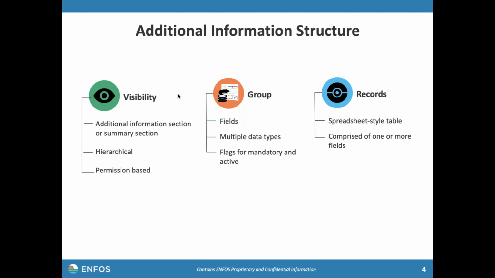And now you can add in any of these other data fields within ENFOS. It's all in one place. It's based off of the hierarchy and permission-based. So as we get in and look at the examples, I think you're going to start brainstorming, seeing some other use cases, and how you can utilize this functionality in ENFOS more.